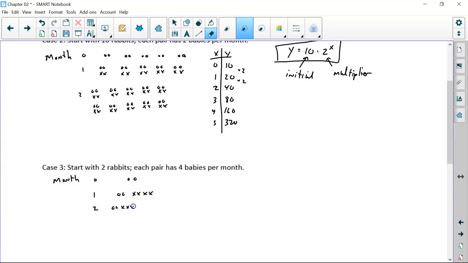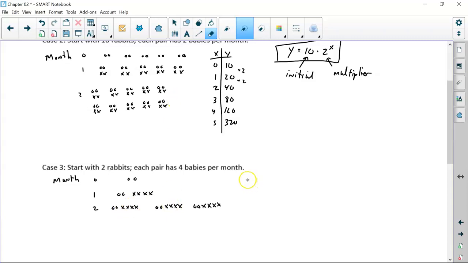So there's 1 set, 2 sets, 3 sets. This is growing pretty quick. Then you can see in month 3, we have 1, 2, 3, 4, 5, 6, 7, 8, 9. We have 9 sets having 4 offspring. That's going to grow even faster than the last one.